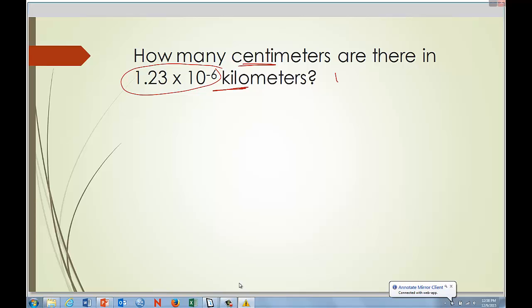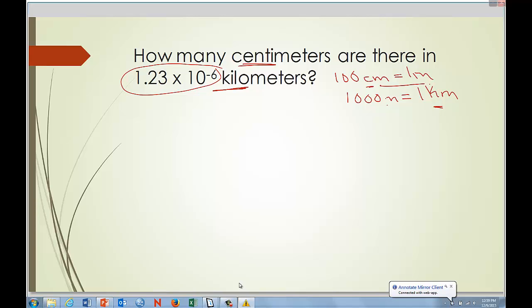So 100 centimeters is equal to 1 meter, because meter is the base unit here. And then 1,000 meters is equal to 1 kilometer. Once again, that's the base unit. And we're looking for centimeters, and we're starting with kilometers. So we're going to go from kilometers to meters, from meters to centimeters.